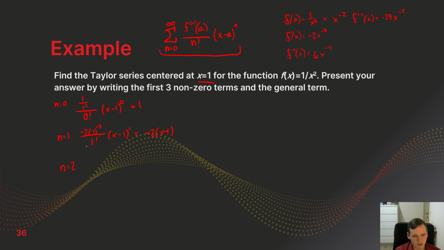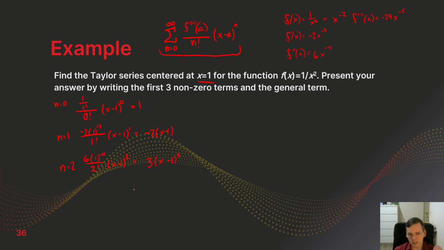Our third non-zero term is going to be f double prime of x, so that will be 6 times 1 to the negative 4th over, in this case, it is n, so 2 factorial times x minus 1 to the 2nd, and that will give us 6 divided by 2 factorial, which is just 3, times x minus 1 to the 2nd.